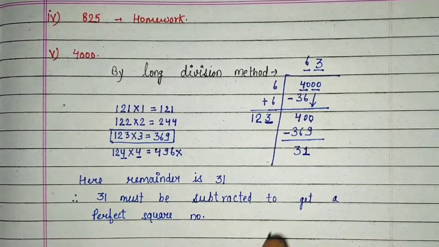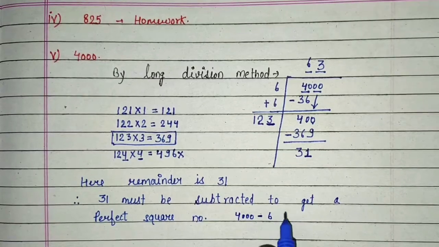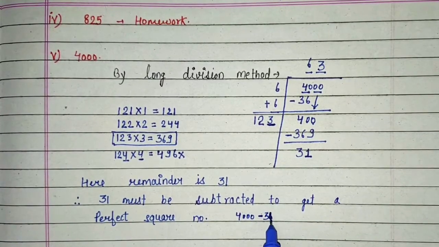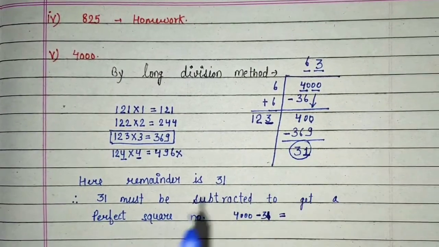If you subtract 4000 minus 31, you will get not 63, 31 we have to subtract, only the remainder.